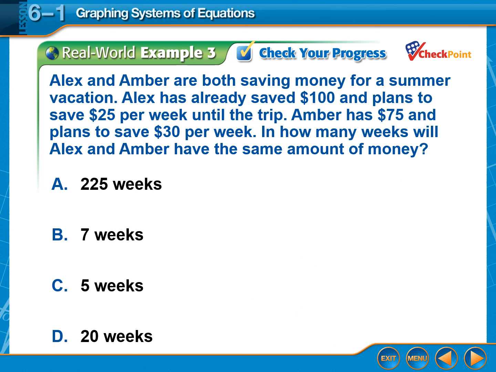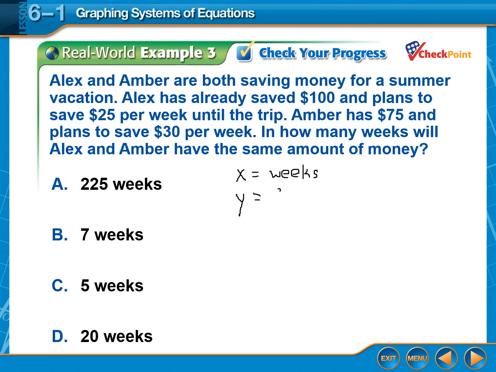All right, so I'll help you set it up a little bit here at first. Again, just like before, we want to identify what our two variables are. We've got X and Y. So X is going to be measuring the weeks, and Y is going to be measuring the amount of money that each person has saved.